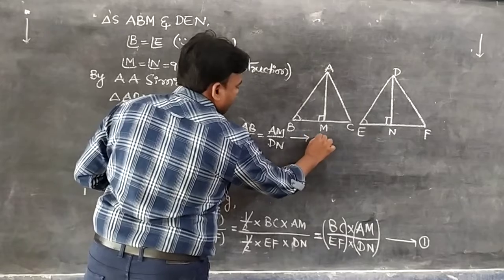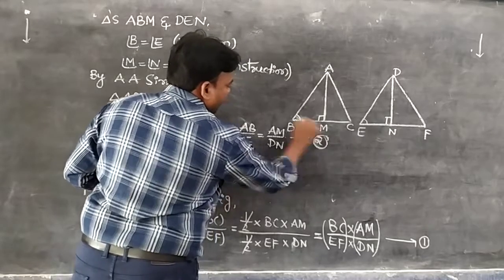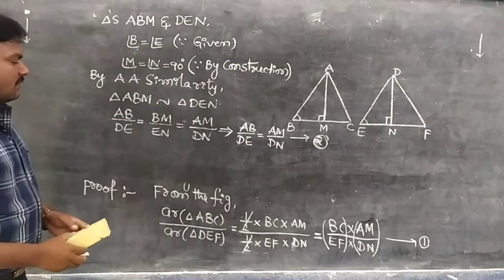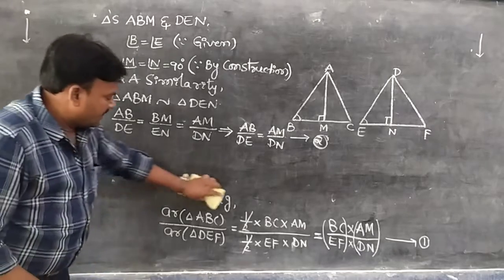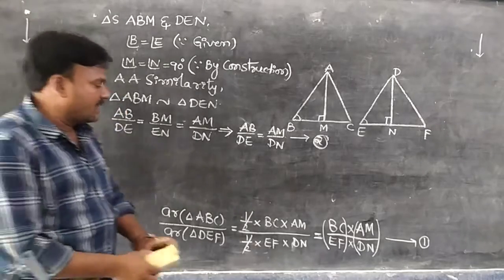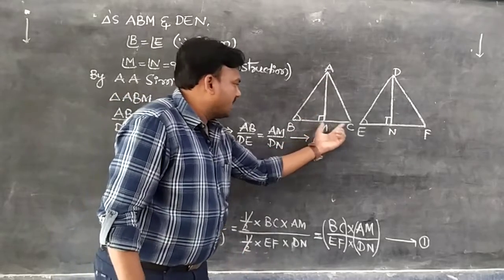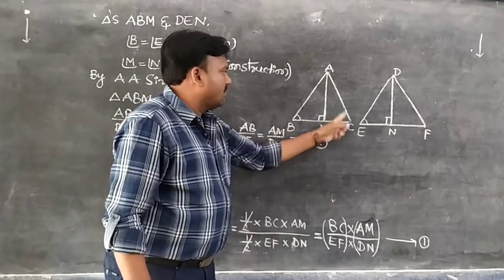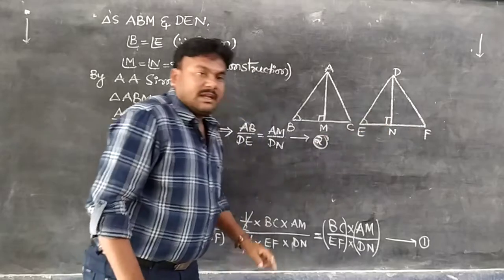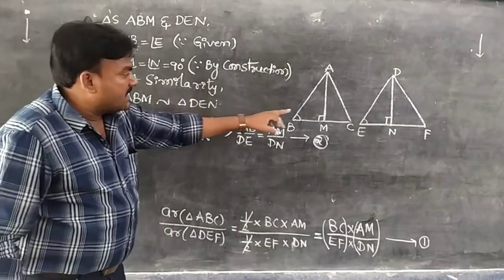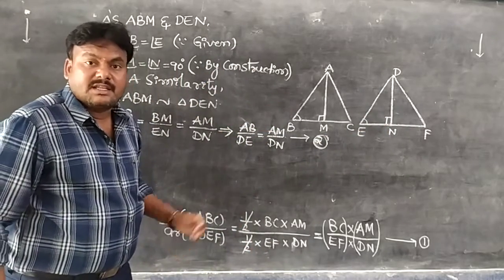Which is equation number 2, students. Next we find the third ratio. So observe here, BC by EF. Both BC and EF belong to triangle ABC and triangle DEF. In the given part, ABC is similar to DEF. Is it given or not?